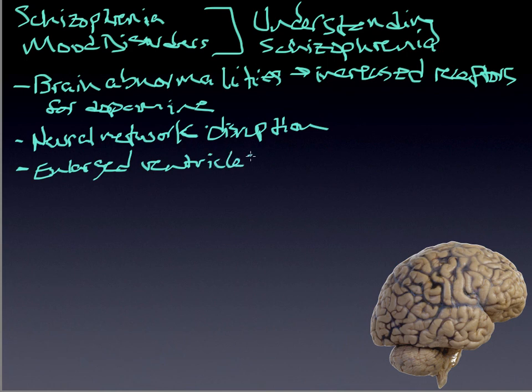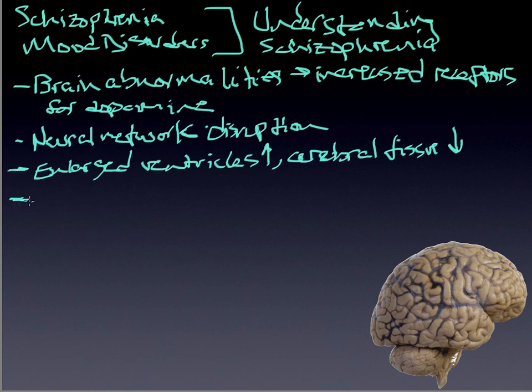Apparently what we have found is that they have enlarged fluid-filled areas, which means that if this is high, then cerebral tissue has to adapt to the increased fluid in the brain, and so cerebral tissue is decreased. And that's just another aspect of it that on a neurological level would suggest some problems.